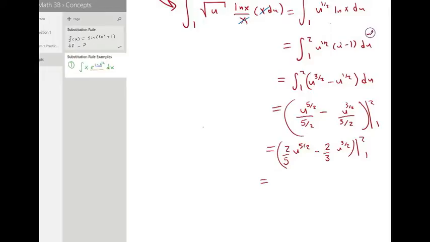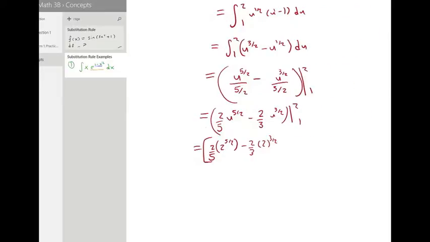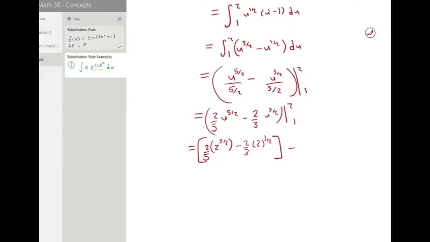So if we plug in 2, you get 2/5 times 2 to the 5/2 minus 2/3 times 2 to the 3/2, and we have all of that minus 2/5 times 1 to the 5/2, minus 2/3 times 1 to the 3/2.